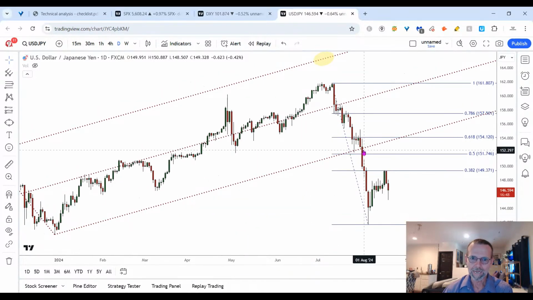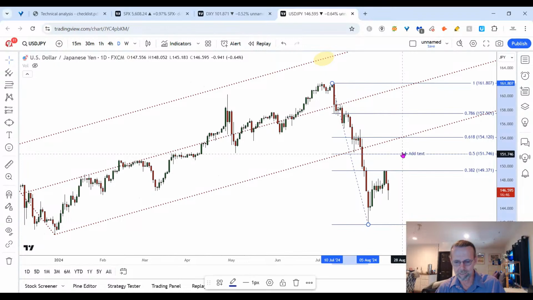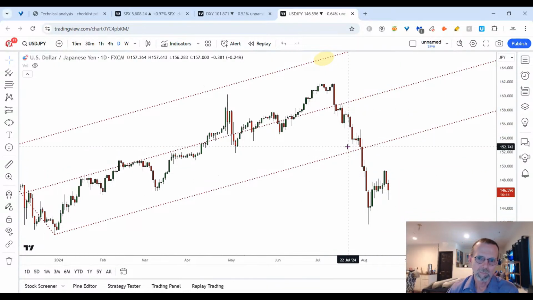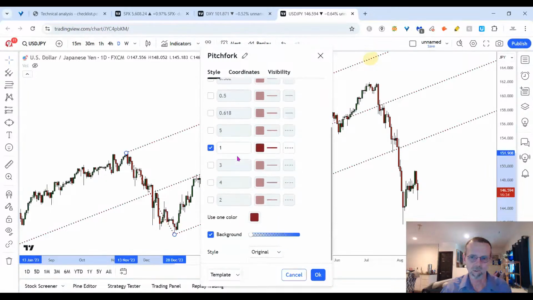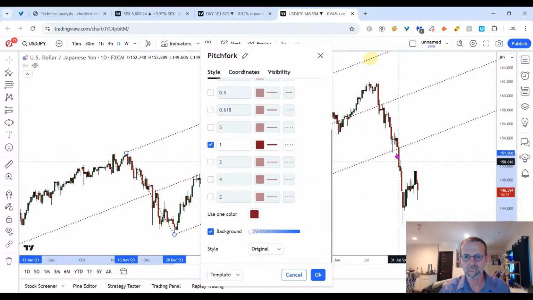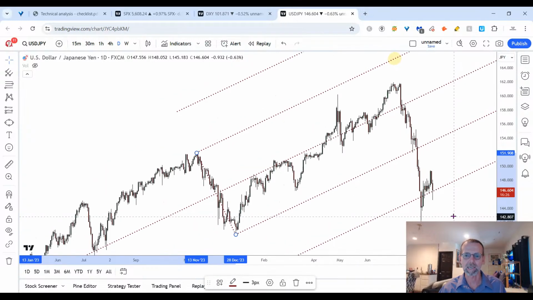And again, now we're finding support along the lower median line of this fork, and then a failure at that level. And so when price moves decisively through a median line, the next target becomes the next median line in the series.